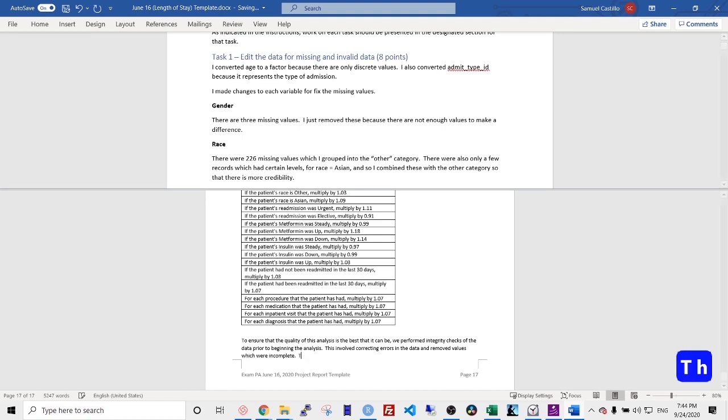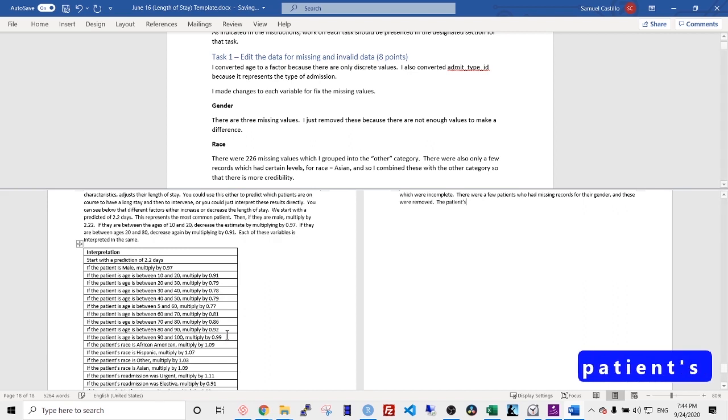So I noticed there were a few patients who had missing records for their gender. These were removed. The patient's race was not included for 226 cases. Because this is too many to ignore, we included them as a separate group.